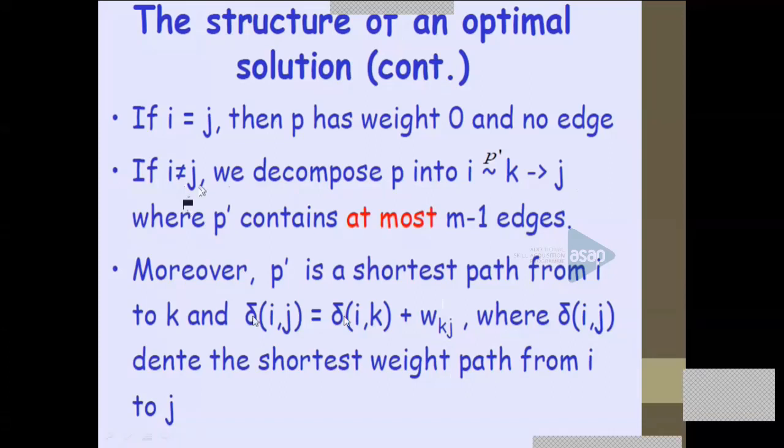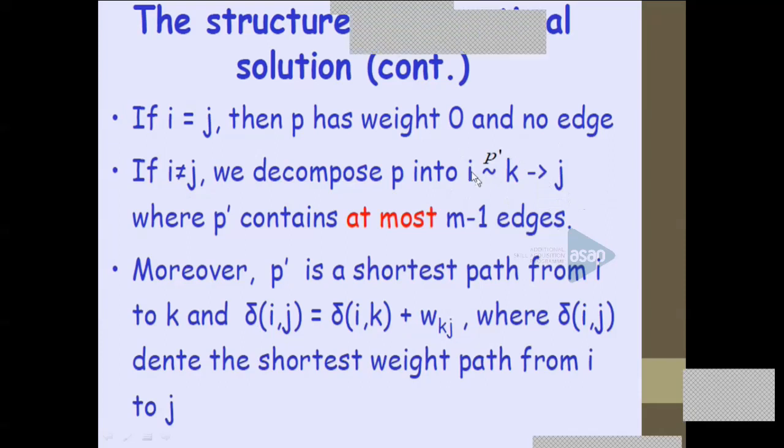If I is not equal to J, definitely we have traveled from I to J through some intermediate vertices, and assume that we have reached K, then K to J there is a direct shortest path. Then this will be I to J with at most how many edges? M edges, where M is less than or equal to N minus 1. That is also important.